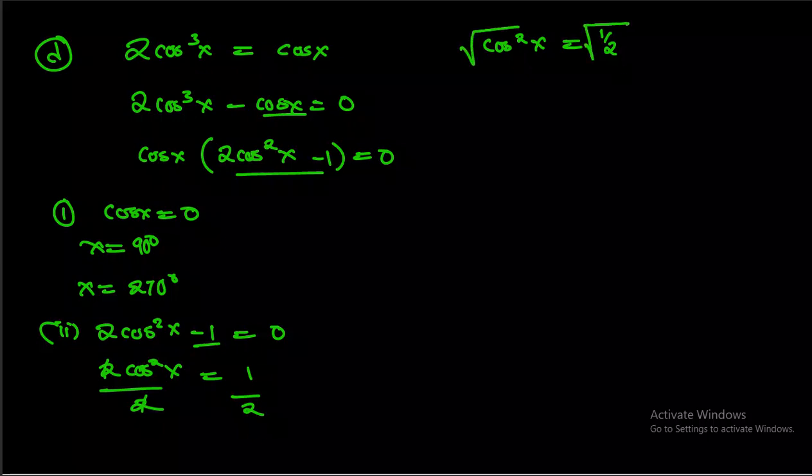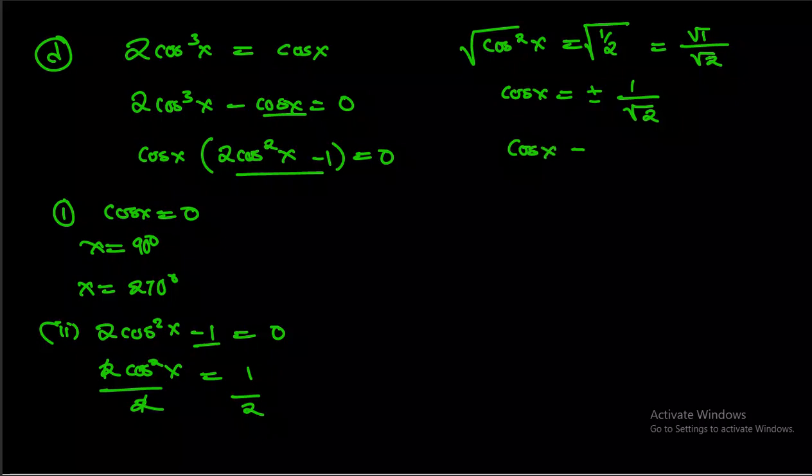So what you can do here, you can take roots on both sides. So you're going to get your cos x to be equal to positive or minus root of 1 over root of 2. Which you are going to appreciate now is just the same as 1 over root of 2, and this can also be rationalized.